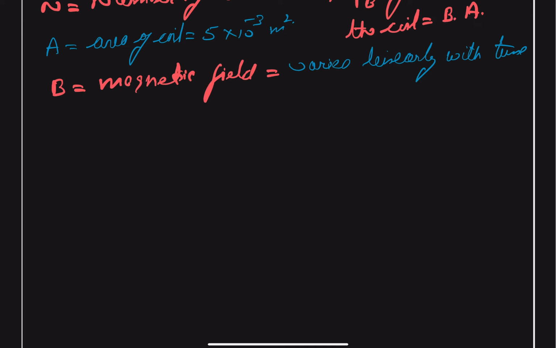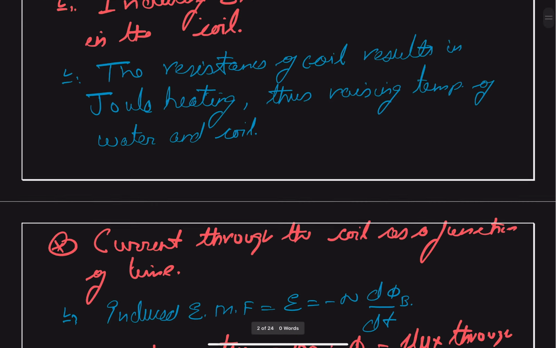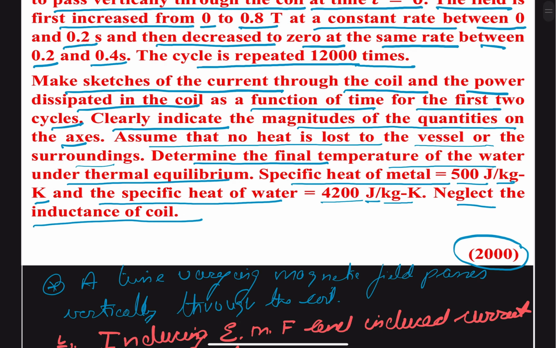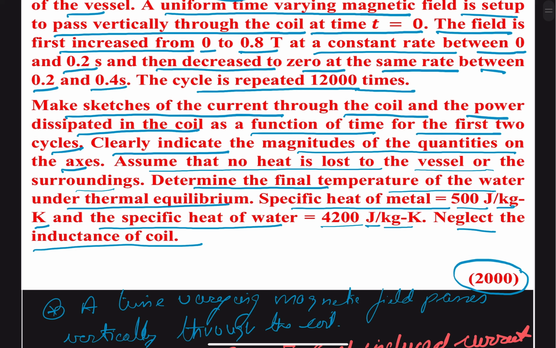It said that first the magnetic field increases from 0 to 0.8 Tesla at a constant rate between 0 and 0.2 second. Then it decreases at the same rate for the time 0.2 to 0.4.